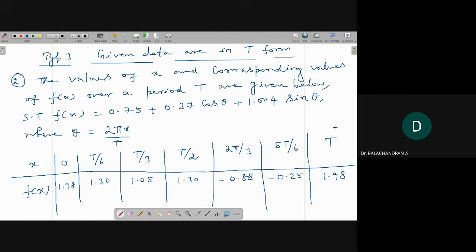There is no need to take this value. Here the first and the last values are same. Hence, we can omit the last value. This is a question. So we need to show that f of x is equal to, this is actually a naught plus a1 into cos theta plus b1 into sin theta.